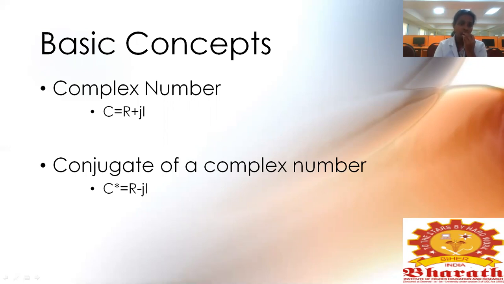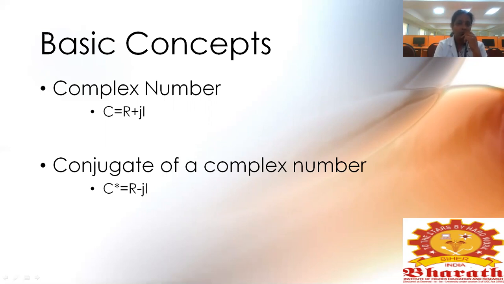Okay, so I said already, complex number C is equal to R plus Ji, where R and I are real numbers. In the conjugate of a complex number, we represent that to be C star is equal to R minus Ji. It means the conjugate of a complex number is obtained from the original complex number by changing the sign of the imaginary part.